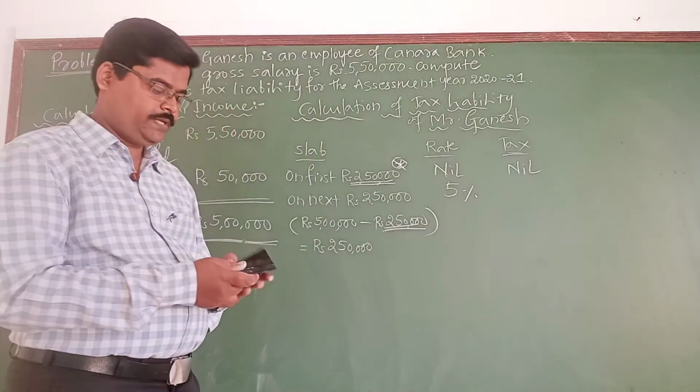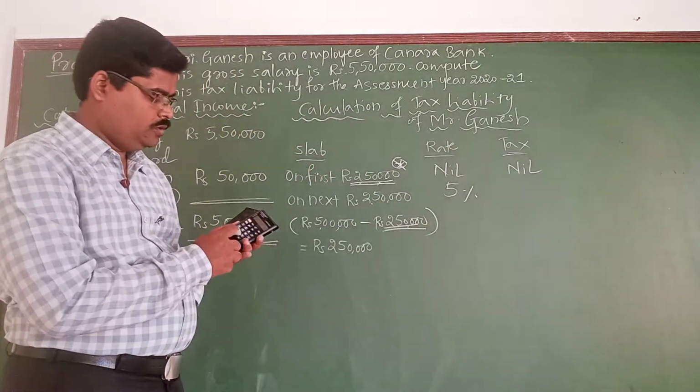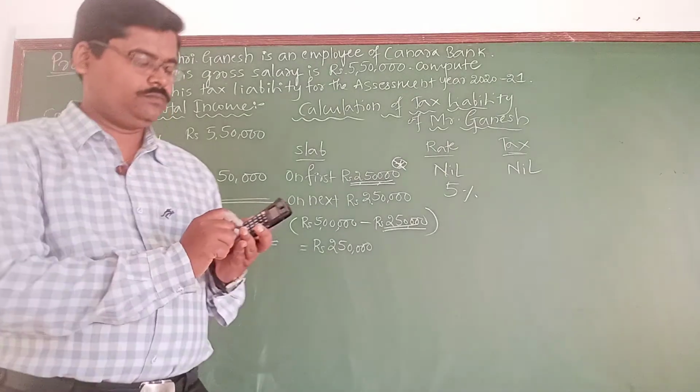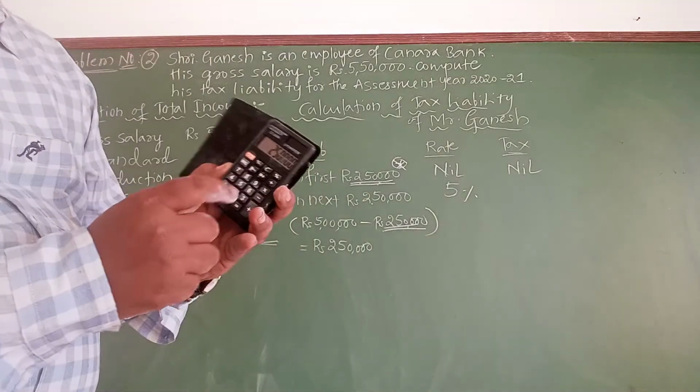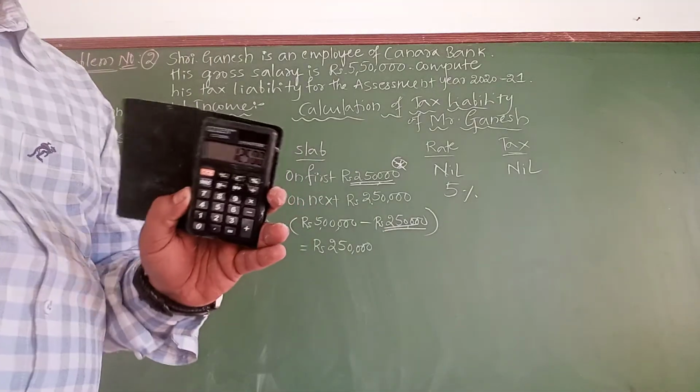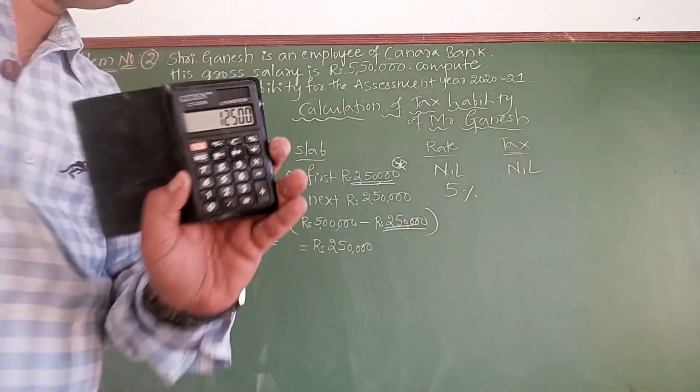That you have to calculate. How are you going to do it? 2,50,000 into 5% gives me 12,500.